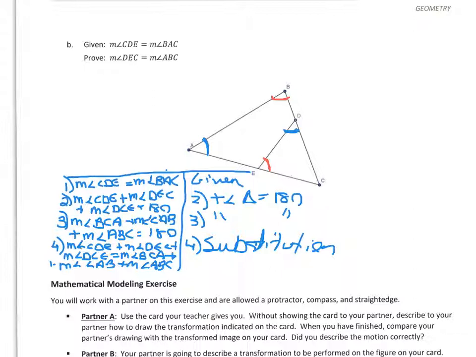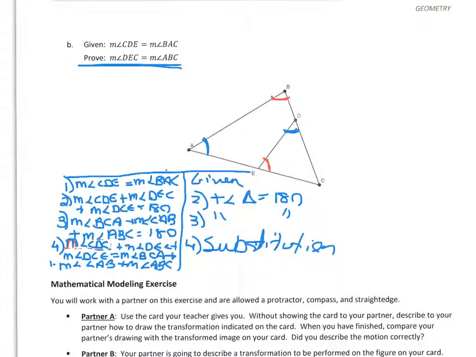Okay, and then the last thing we're going to do is subtract the stuff that they have in common. So if I subtract the stuff they have in common, we got DEC, so CDE is going to go away. Wait, I want to keep that one. I don't want that one to go away. The measure of angle CDE, because this is what I'm trying to get, right?